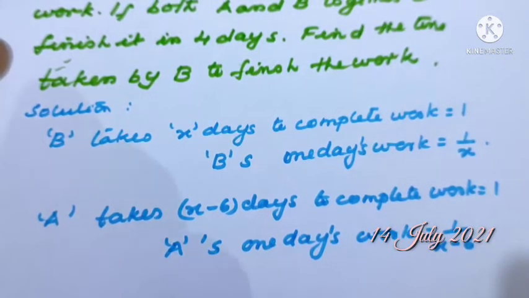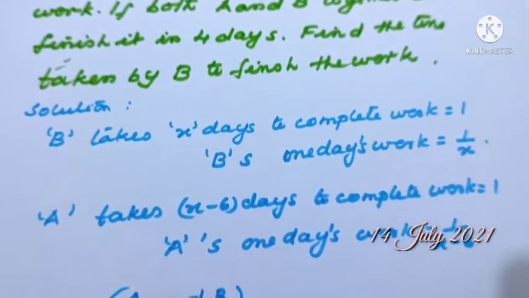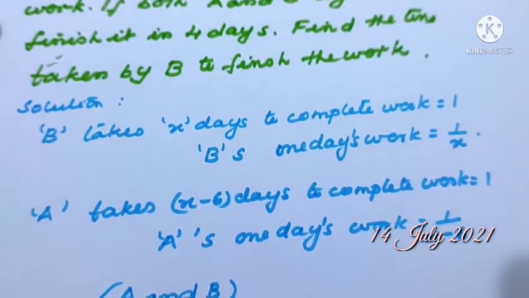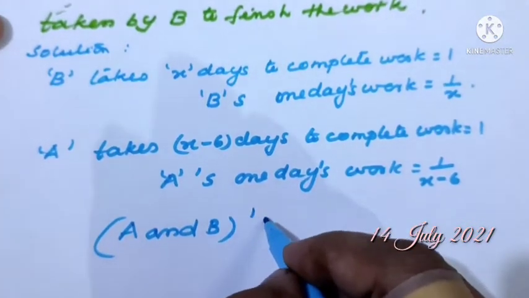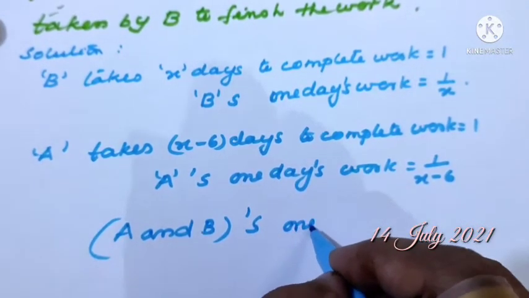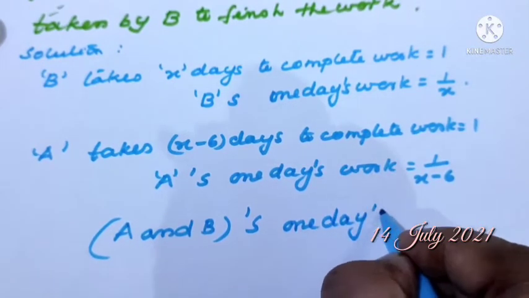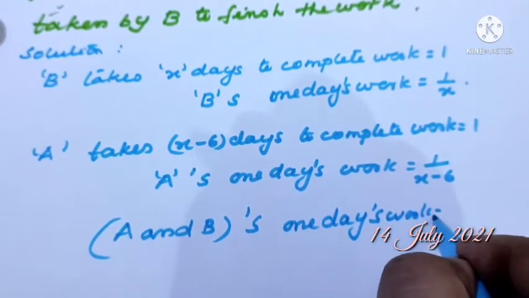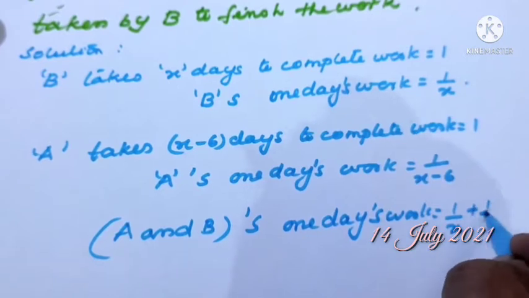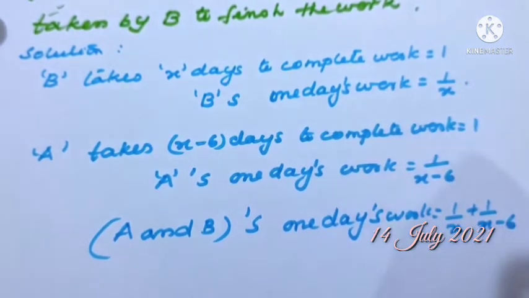Now what is the total work of A and B in 1 day? If A and B work together, what is their 1 day's work? It is equal to 1 by x plus 1 by x minus 6.